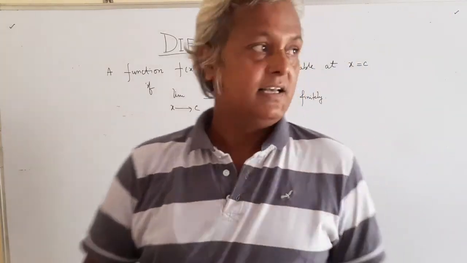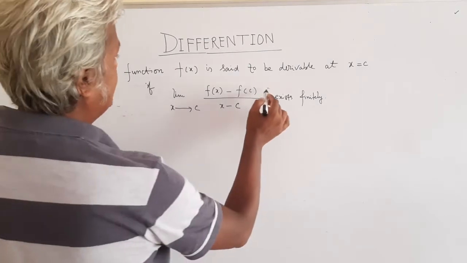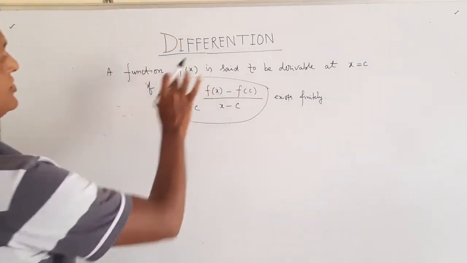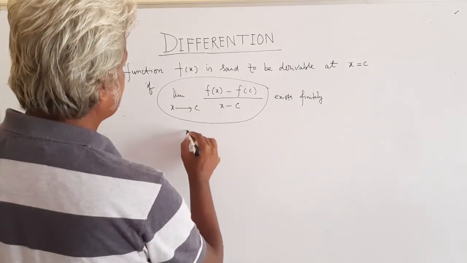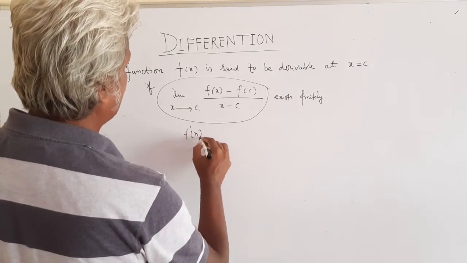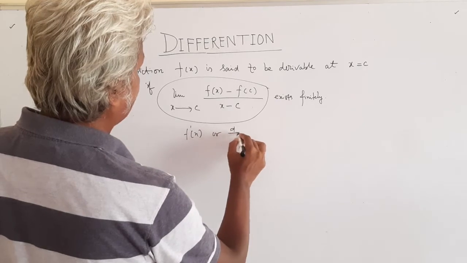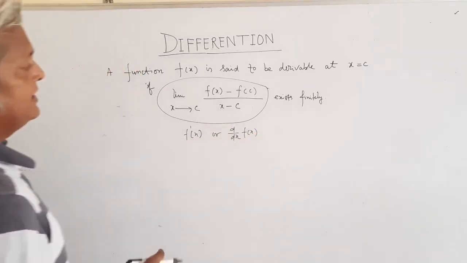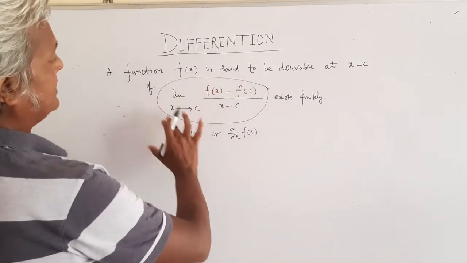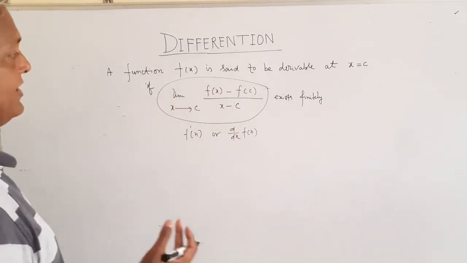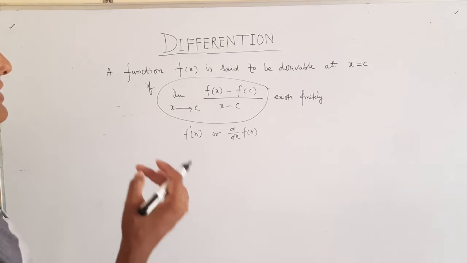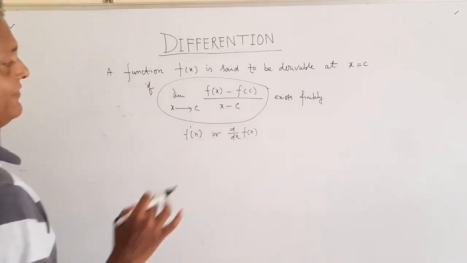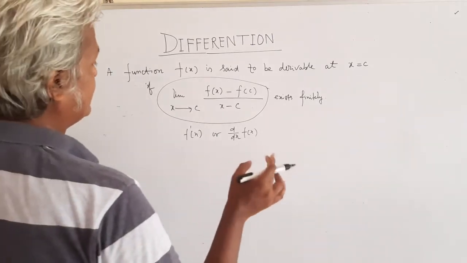Now the value of this limit is called the differential coefficient of the function, and it is also written as f dash x or d by dx of f(x). Now if you look at this properly, this is just a limit, and you know that a limit is said to exist finitely if the left hand limit and the right hand limit both exist.